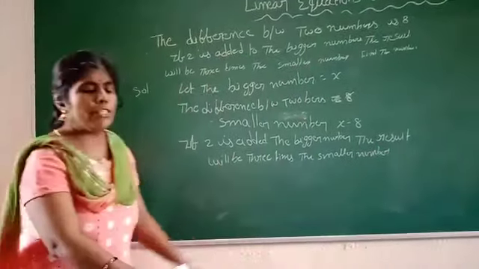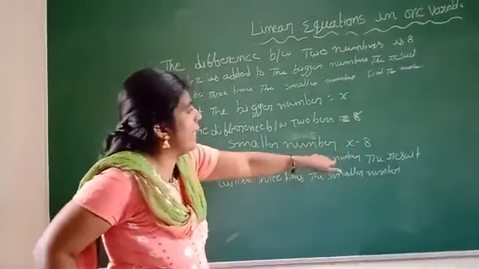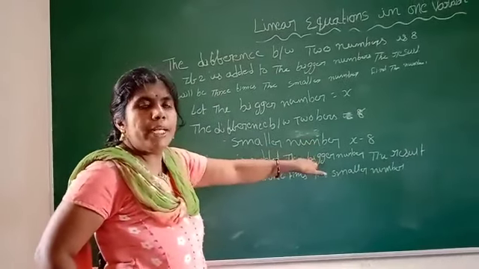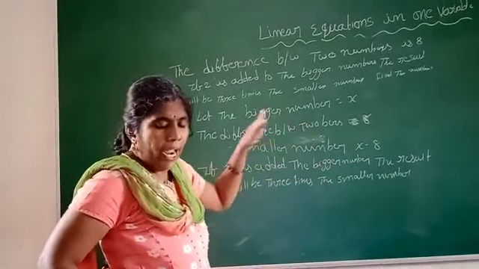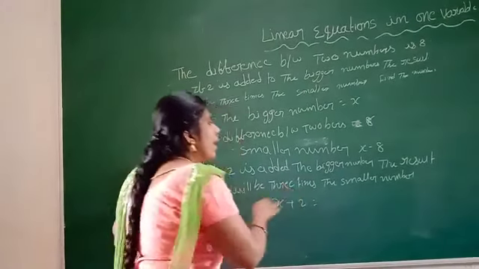So, 2 added to the big number: how much is the big number? x. To add the 2, x plus 2 is the big number.